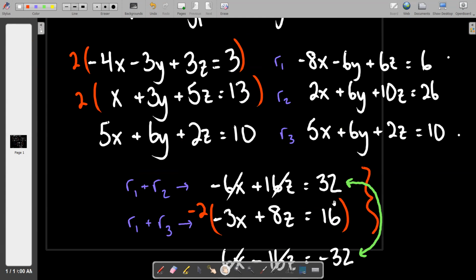What if we had killed the x's? What could we turn all the x's into? 20. So we could have multiplied the top one by 5, the middle one by 20, and the bottom one by 4, right? I worked through this last night just to tell you the same thing will happen. It'll look different, like you'll be working with different variables, but the same weird thing will happen later.